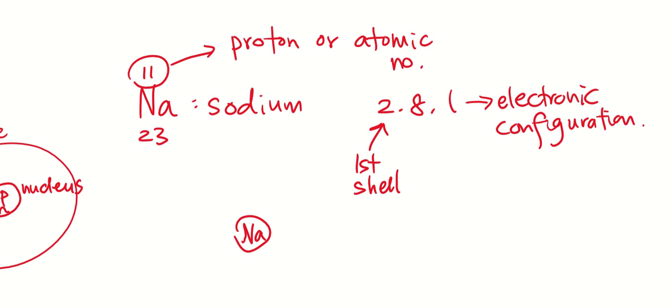Now, some of you may be wondering, this is the proton number, why am I talking about electrons? Because this proton number is equal to the number of electrons. An atom must be neutral. The number of protons must be equal to the number of electrons.